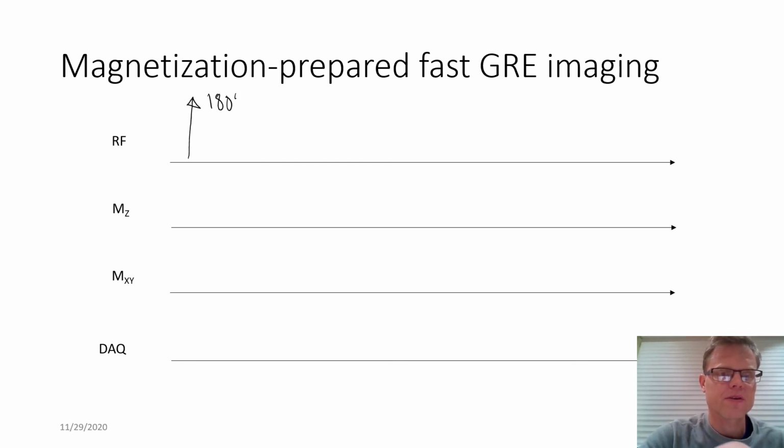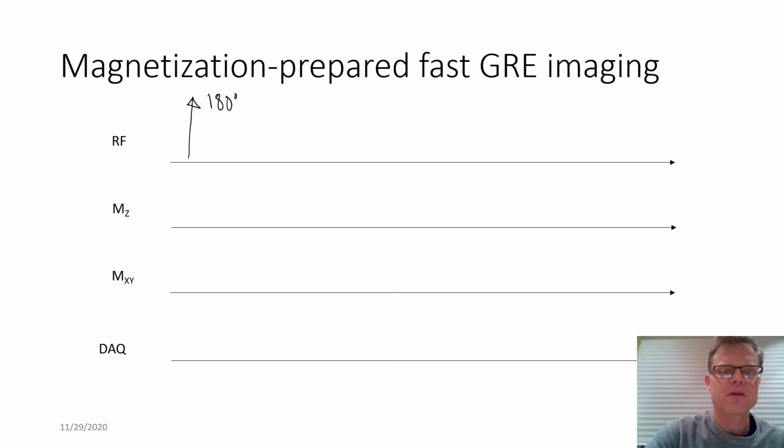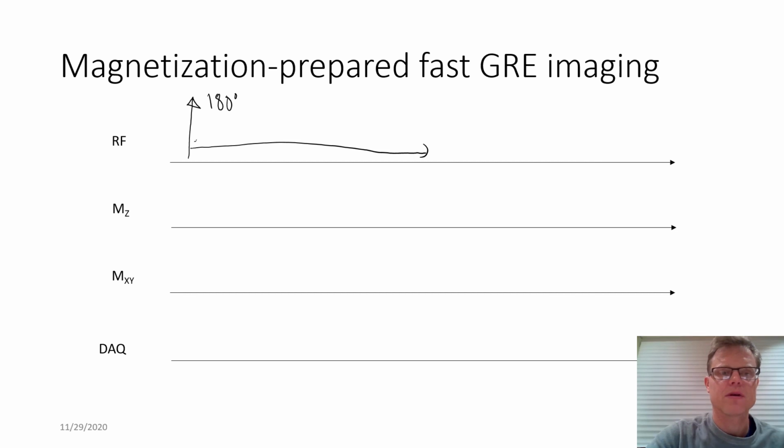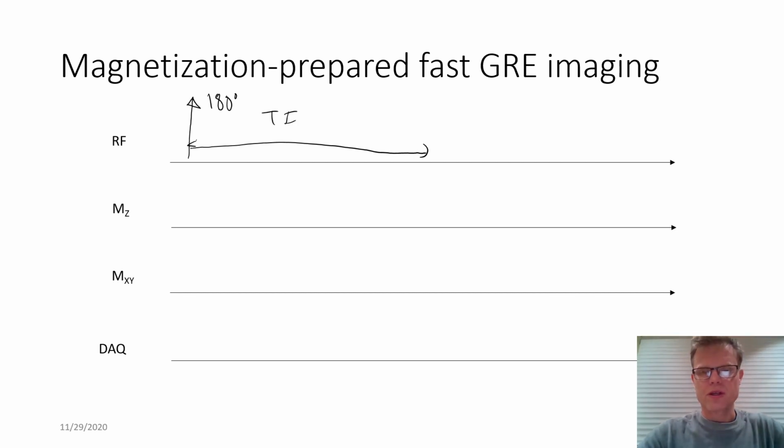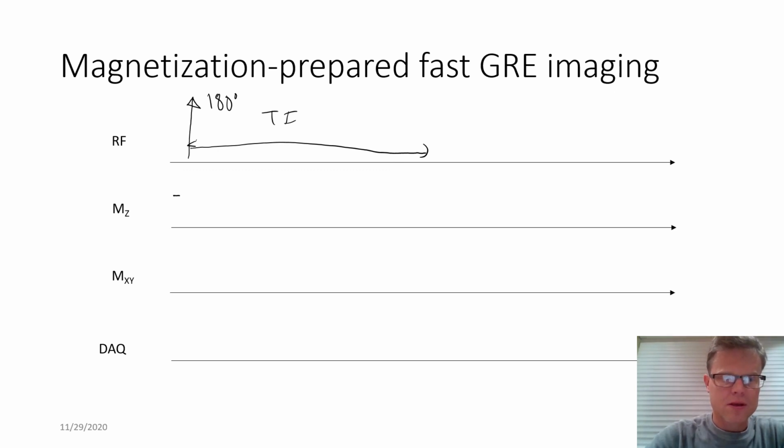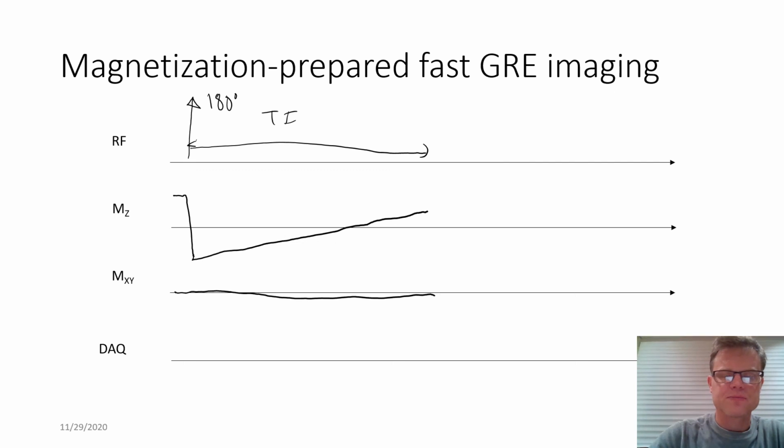You'd still start off with a 180-degree pulse, and probably wait some delay time. If we illustrate that, we start on M0, invert the Z magnetization, nothing going on with the transverse magnetization. Might wait for some time, T1 recovery, and no data acquisition.